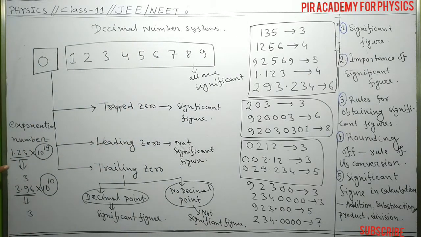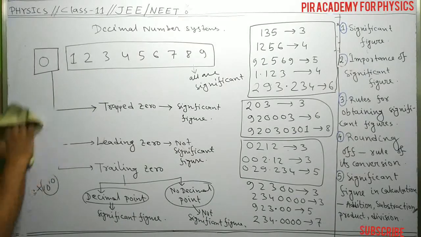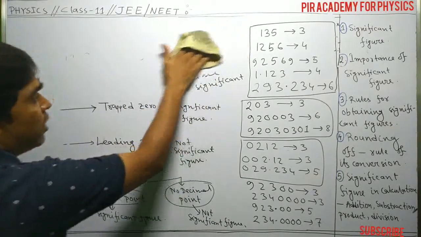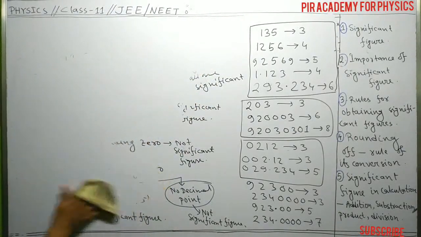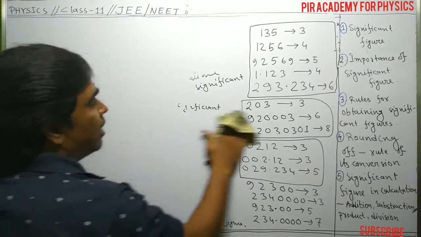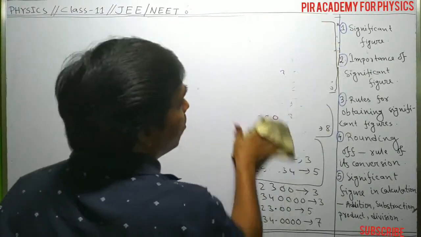In this way you can calculate the significant figures of any number related to a significant exponential series. Now, if there is a constant in your physics, such as pi, what is the significant figure of pi?